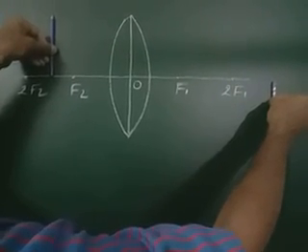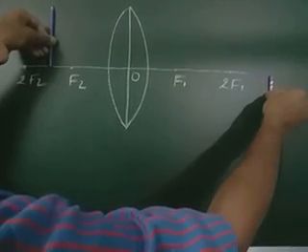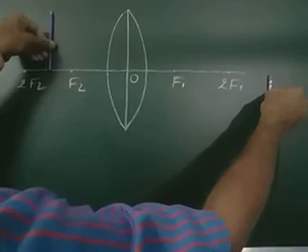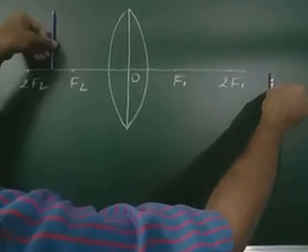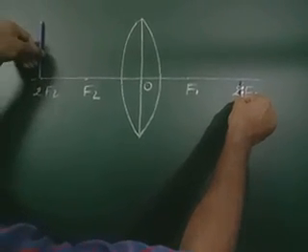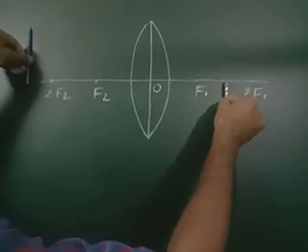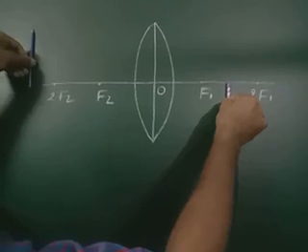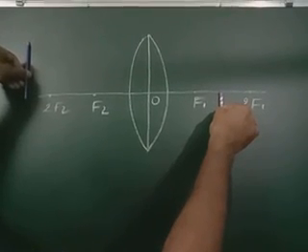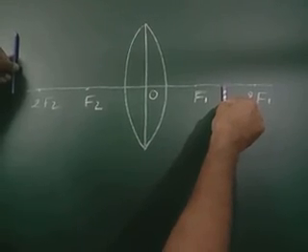If the image is beyond the 2f, then the size of the image will be enlarged compared to the object. Again, if I keep the object beyond 2f, then the image will come in between f and 2f. Then the size of the image will be smaller than the size of the object.